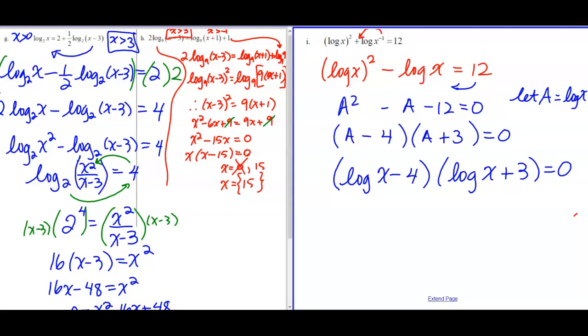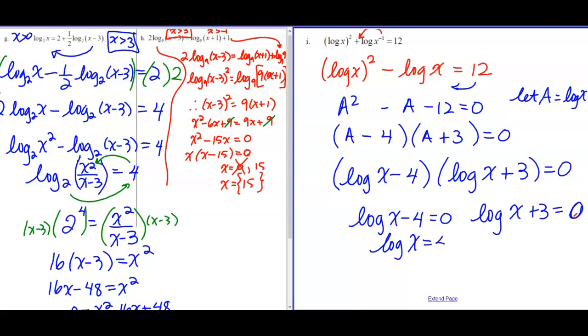Then I solve each factor. It's not x plus 3 in brackets, it's log of x plus 3. So this will be log of x equals 4, log of x equals -3.